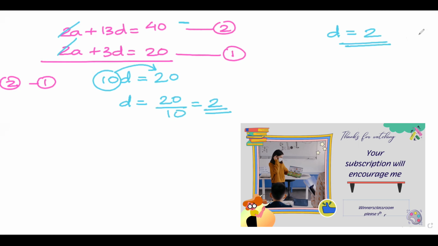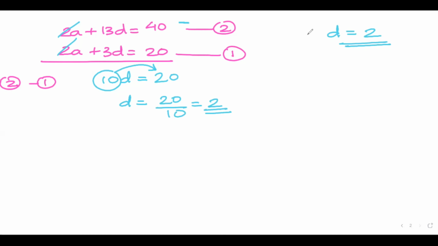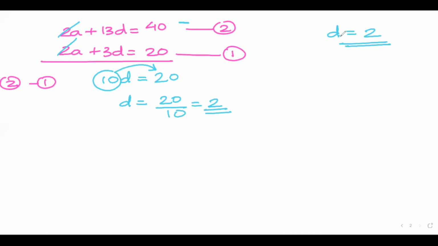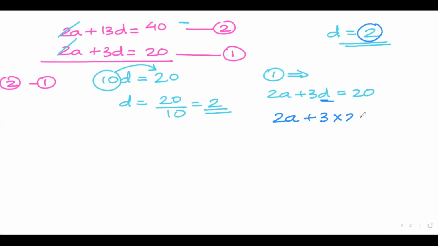Now we have to find the value of a also. To get what is actually asked in the question, the sum of its first n terms, we need the value of a also. We can use any of these equations. Let us apply the first one here. First equation is 2a plus 3d is equal to 20. And just now we found d as 2, right? So in place of d, I can give the value 2. So 2a plus 3 into 2 is equal to 20, or 2a plus 6 equals 20.